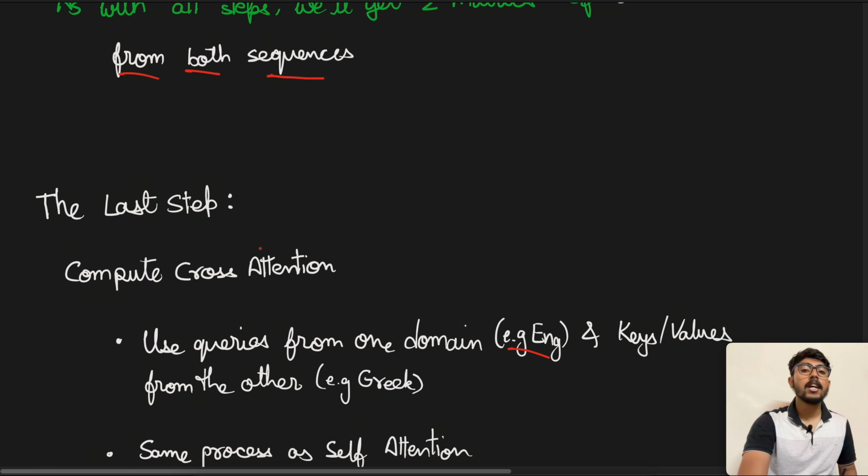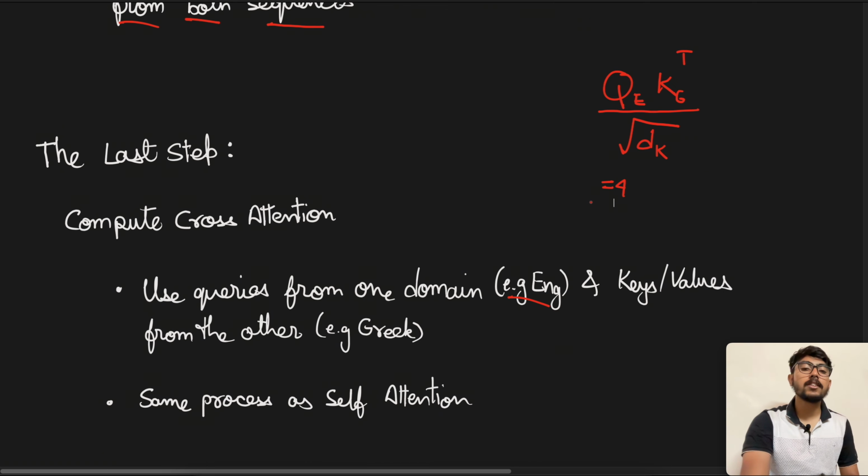The only change is that Q will be from English and K raised to power T will be from Greek, right? And the dimensionality of K will remain the same, which is dk, and it will be 4. So that is how we calculate cross attention and self attention for two given sequences using the transformer architecture discussed above.